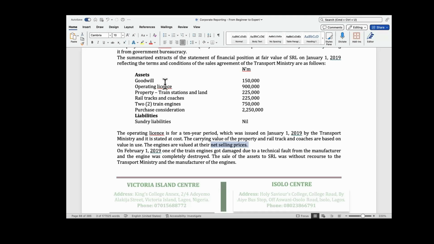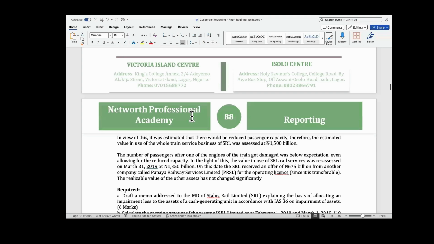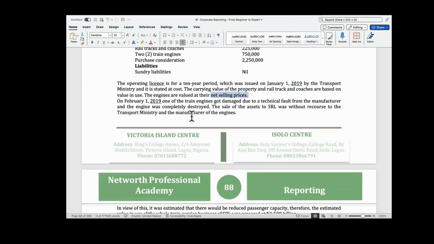Okay, so I was trying to explain why the remaining one train engine is not impaired. Because only one was damaged, we don't allocate further impairment loss to the remaining one.